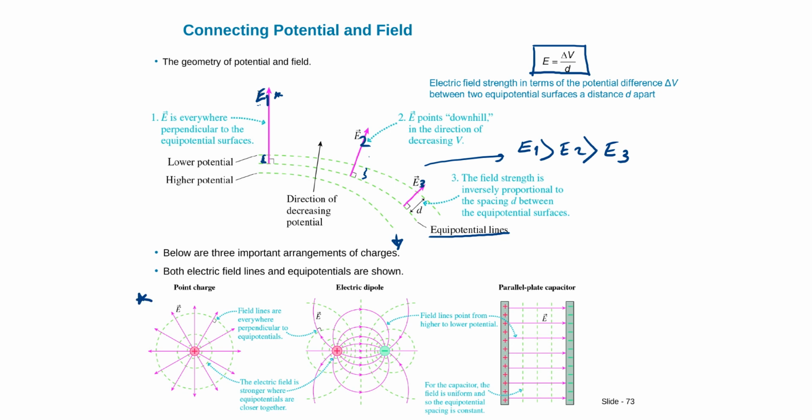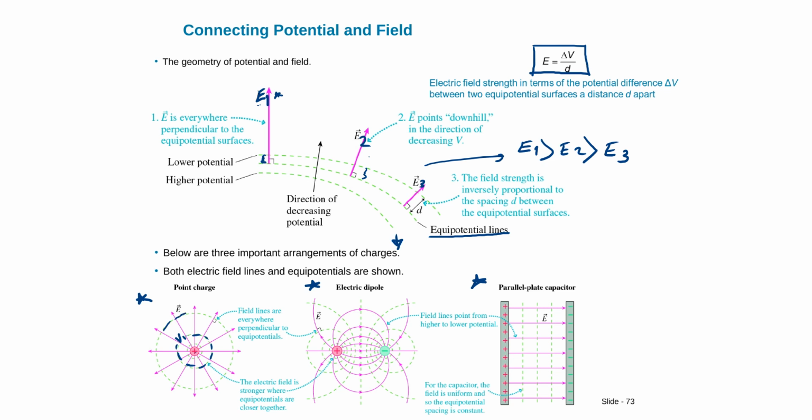In this picture here you see different charge configurations and their electric field and equipotential lines. Positive charge, these green lines are equipotential lines. At each of these lines we have equal potential. Let's call this V1. All along the line here I have V1, not changing.